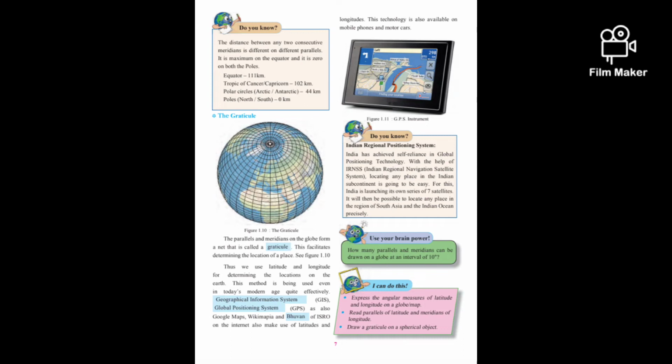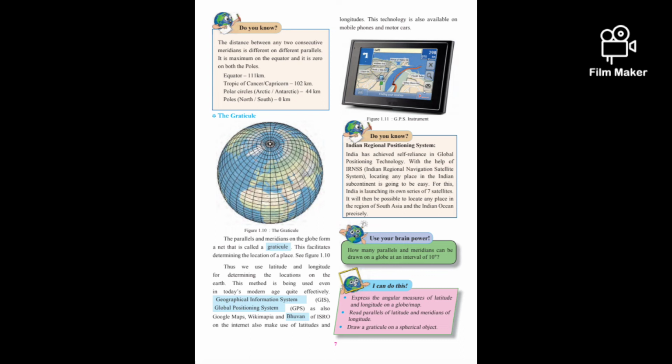Thus, we use latitude and longitude for determining locations on the Earth. This method is being used quite effectively even in today's modern age. Geographical Information System, that is GIS, and Global Positioning System, GPS, as also Google Maps, Wikimedia, and Bhuvan of ISRO on the internet, make use of latitude and longitude.